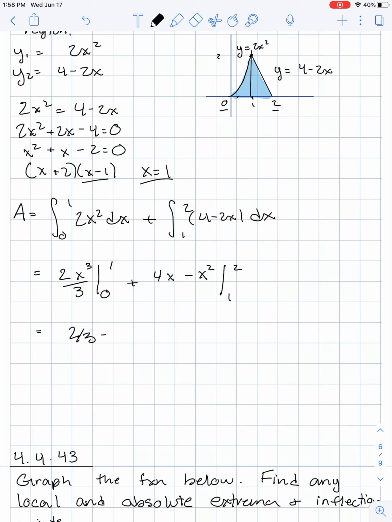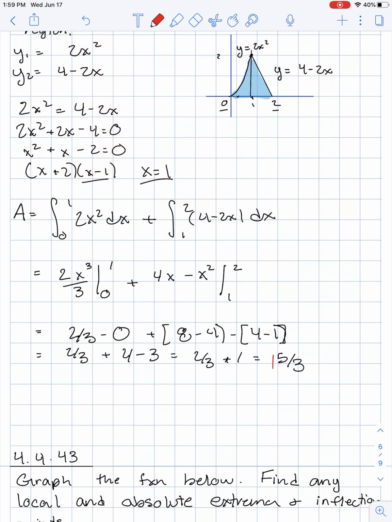That leaves me with 2/3 minus 0 plus, let's plug in 2, which is 8 minus 4, minus 4 minus 1. So I get 2/3, I don't need to say minus 0, plus 4 minus 3. So I get 2/3 plus 1, which is 5/3.